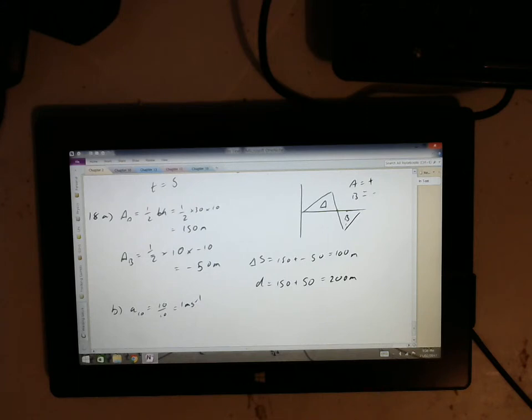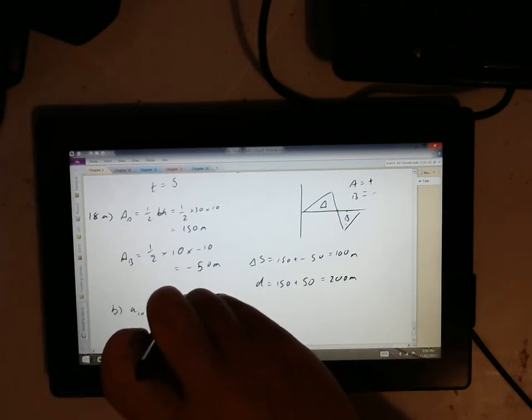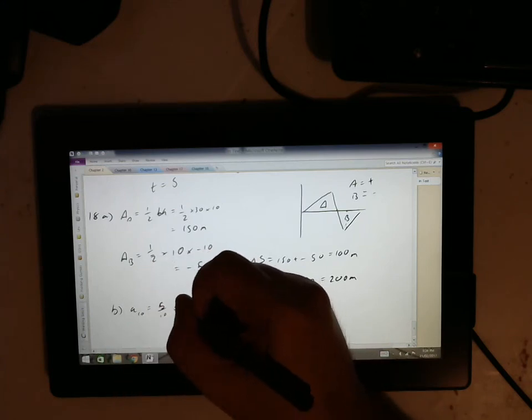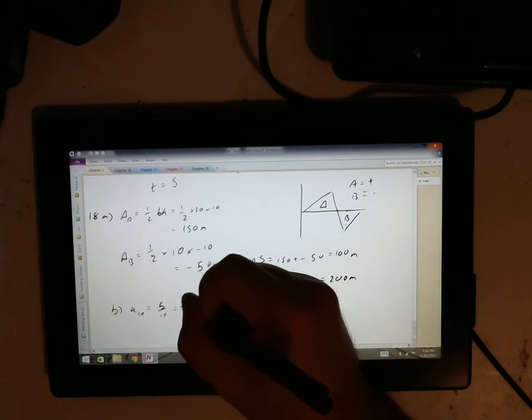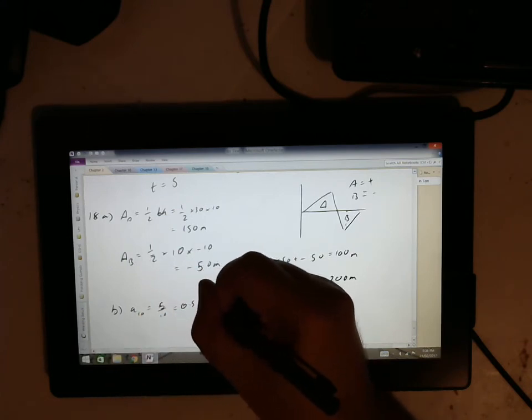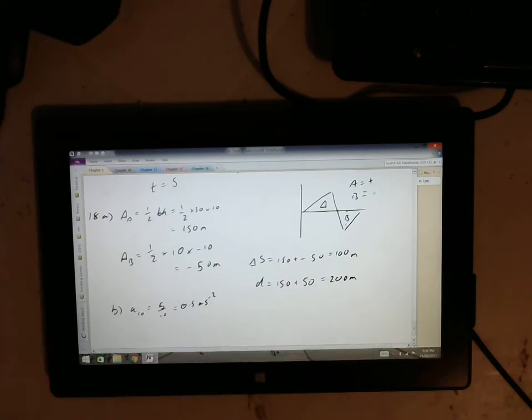Okay, it's gone up by 5 over 10 is half. Doesn't get to 10 till 20. Equals a half, 0.5 meters per second squared.